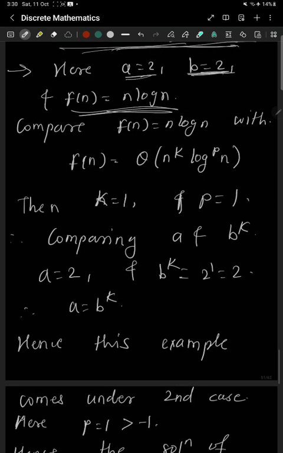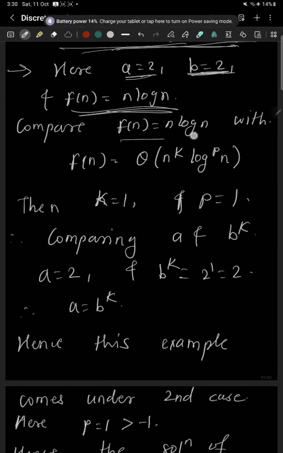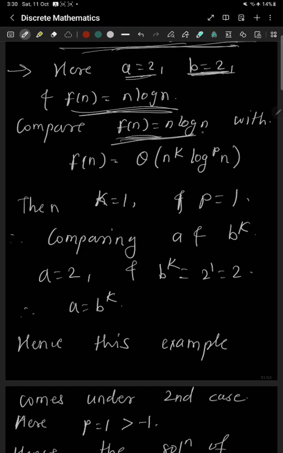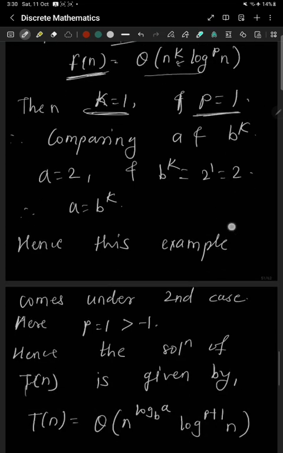Now we are going to check the condition of a and b raised to k. First check f of n, which is n log n, and compare it with the standard f of n. Here the power of n is 1, hence k is equal to 1, and the power of log n is 1, hence p is also equal to 1.